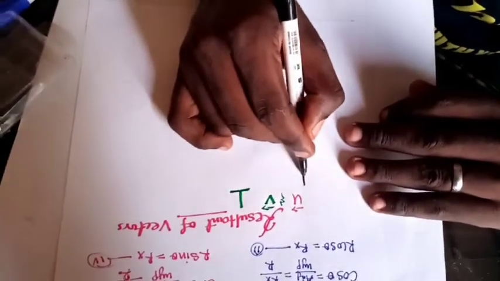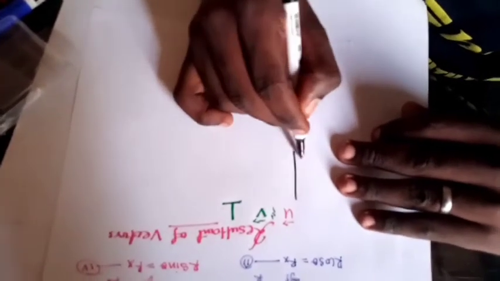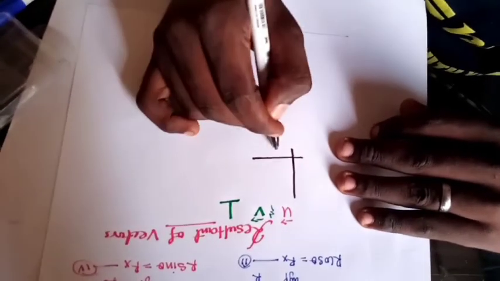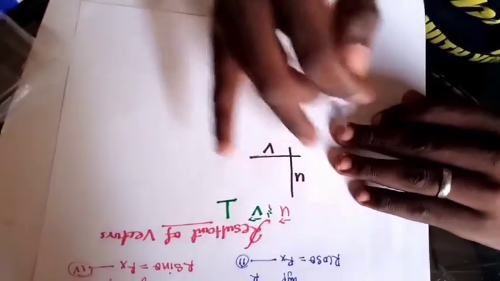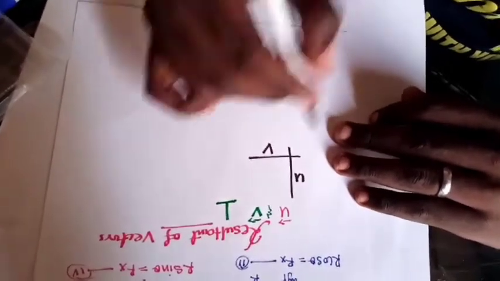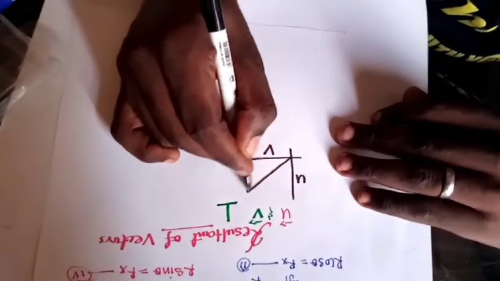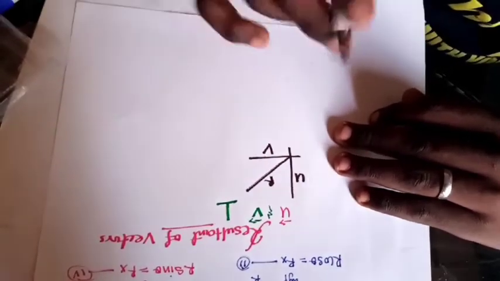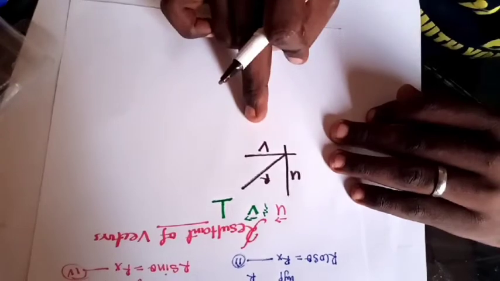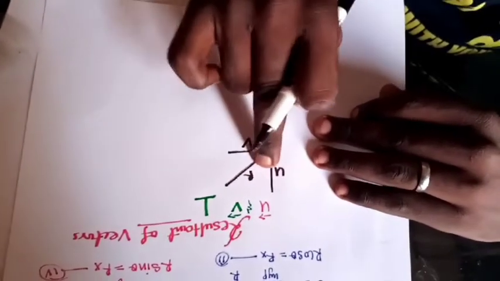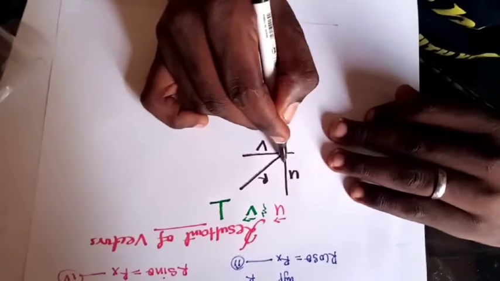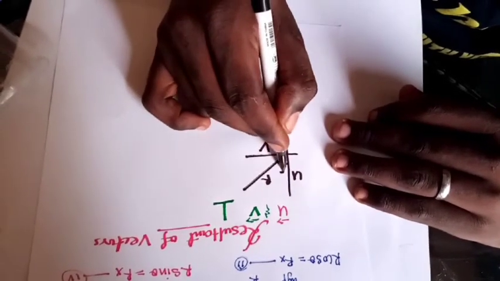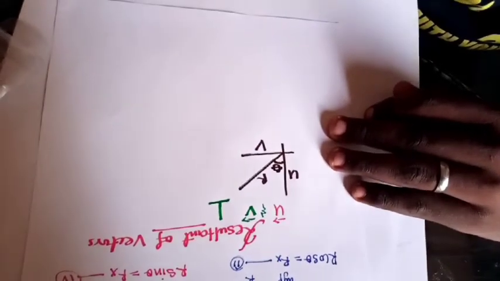So if I have this, if this is v and this is u, instead of having these two vectors, I can just have a single vector that will have the same effect as u and v, and that is vector r, called the resultant.